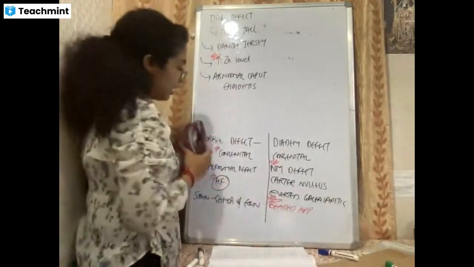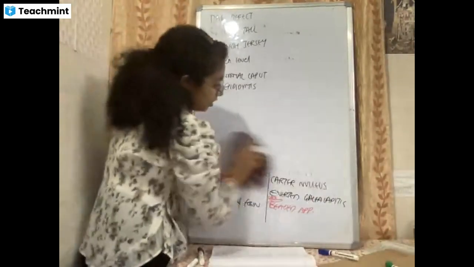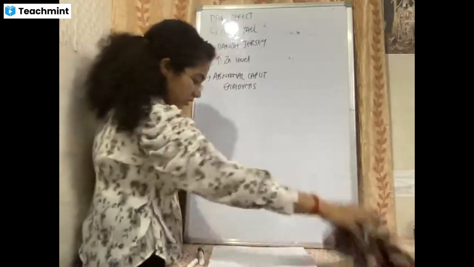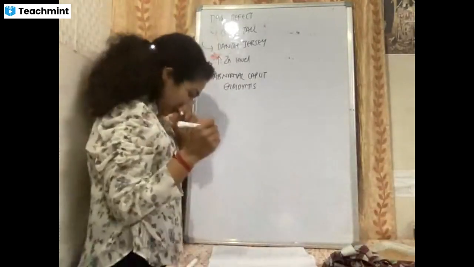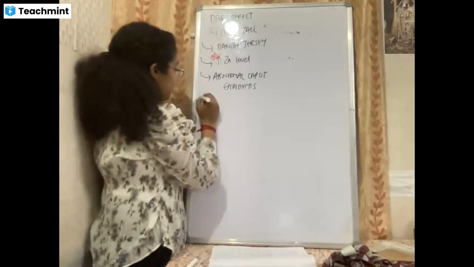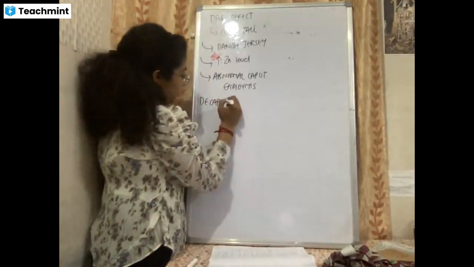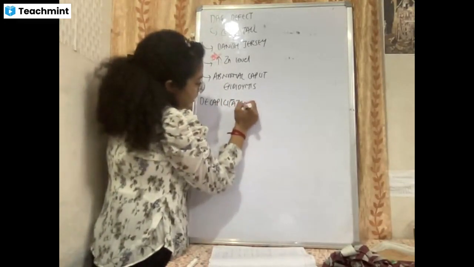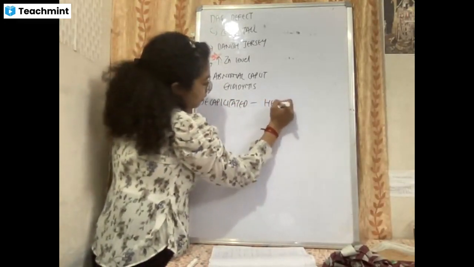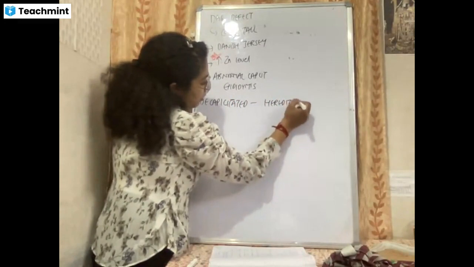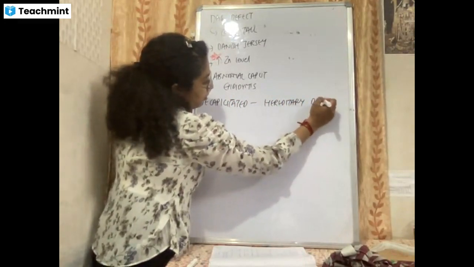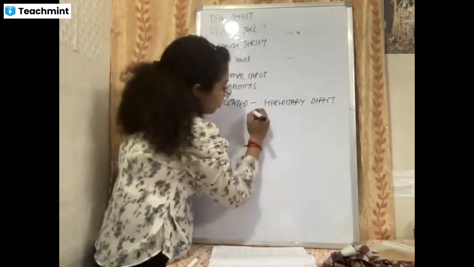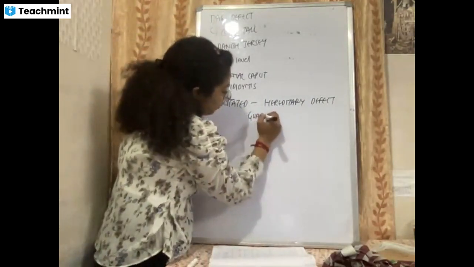Then we have decapitated. This is a hereditary defect, common in the Guernsey breed of cattle.